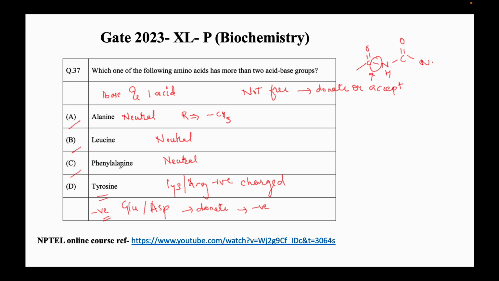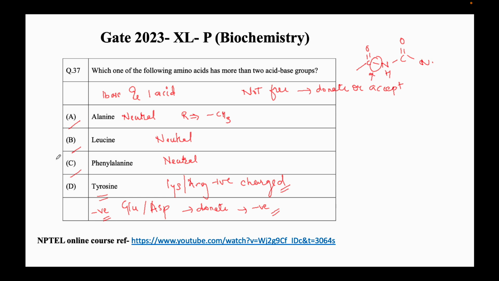If you are solving this biochemistry section, it is very important that you know a few tricks. You should learn the structures of these amino acids. At least try to learn the structures of the charged amino acids, because mainly the questions will be based on the charged amino acids. You don't need to remember the structures of leucine and isoleucine, which are neutral.